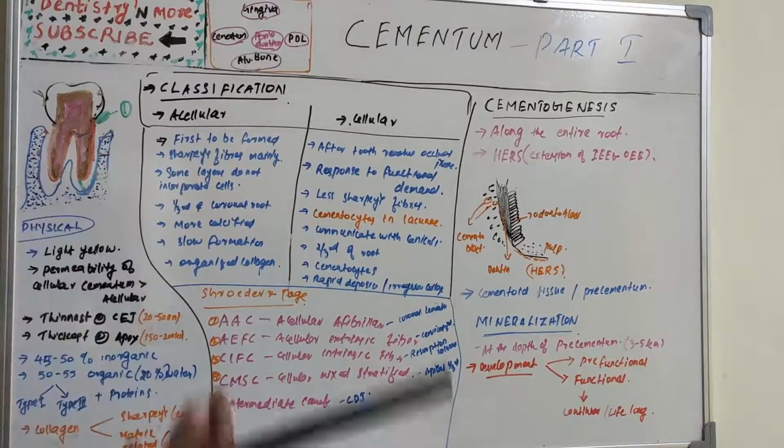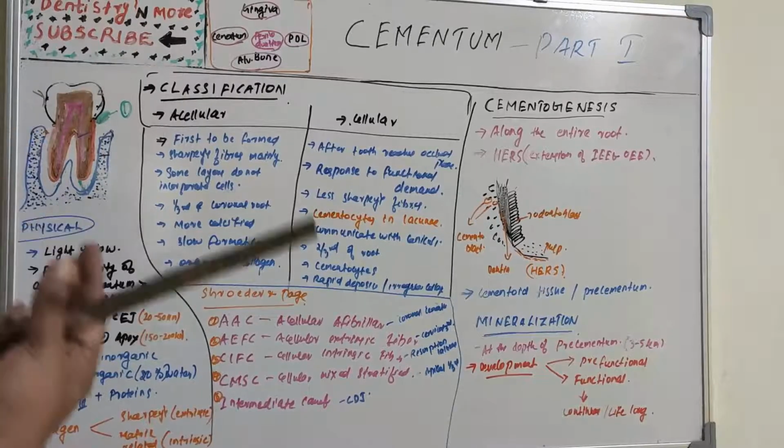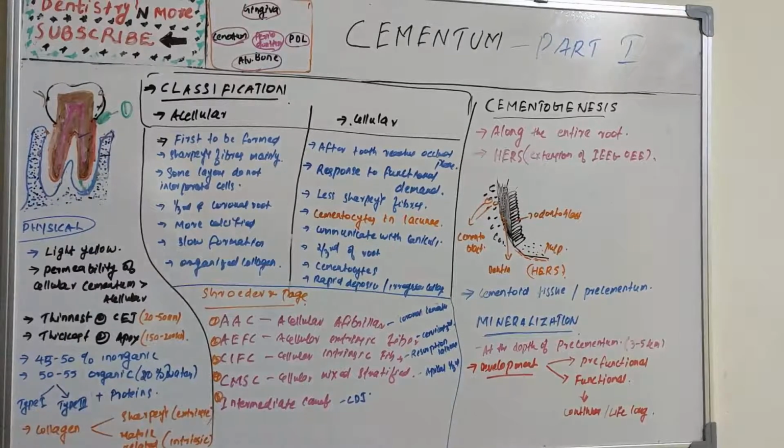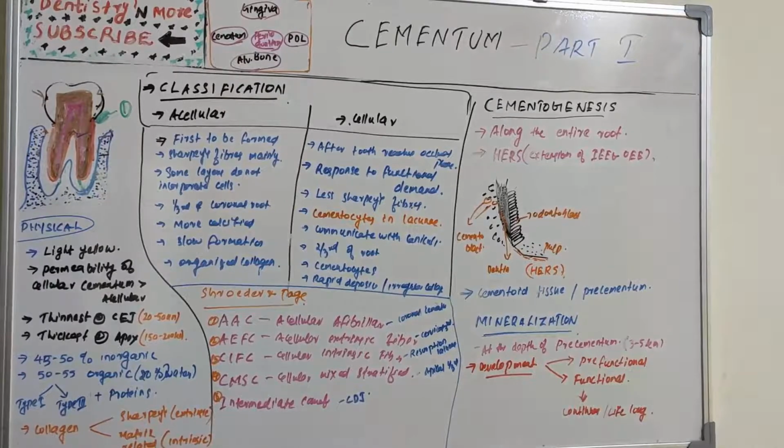Few of them we had seen in the periodontal ligament, and proteoglycans also we had seen, chondroitin sulfate, hyaluronic acid, heparan sulfate. So such proteoglycans are also seen in non-collagenous matter. So collagen we were discussing, extrinsic and intrinsic, and now I talked about non-collagenous matter. And we have a few growth factors and other cementum derived growth factors.